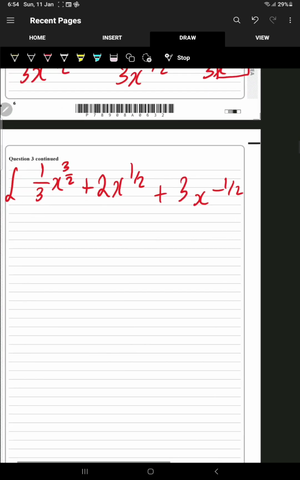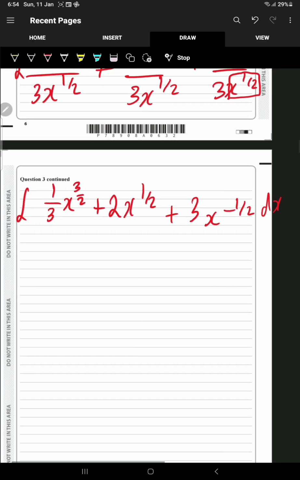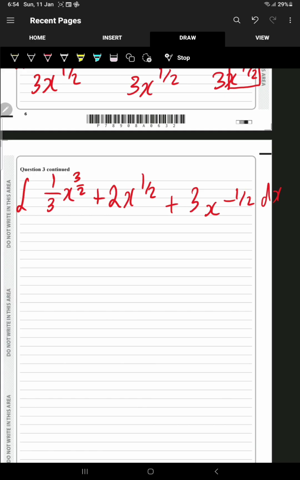This is a law of indices that you need to apply over here. Now we can finally integrate it, now that we have it in simplest form.